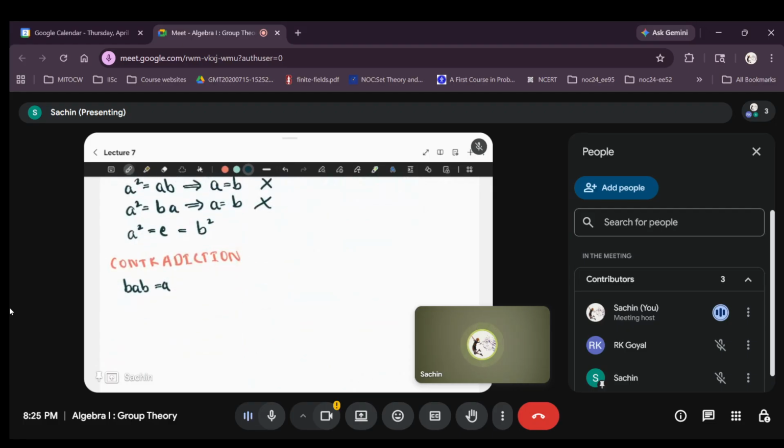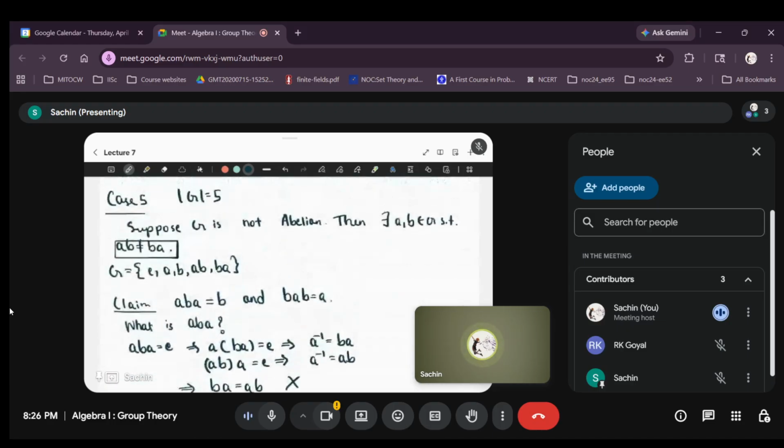Now, since BAB is equal to A, BAB times B is equal to A times B. But by associativity, I can write it as BA times B square equal to AB. But I just showed that B square is equal to E. So BA times E is equal to AB. That means that BA is equal to AB.